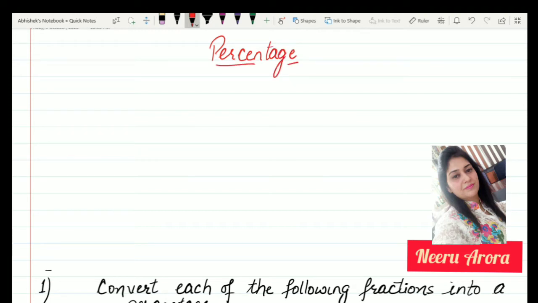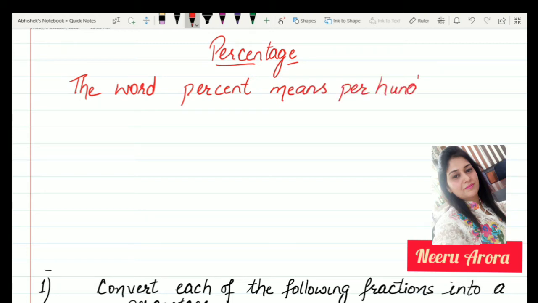Before we start the topic, let's understand the meaning of percentage. The word percent means per hundred, or for every hundred.